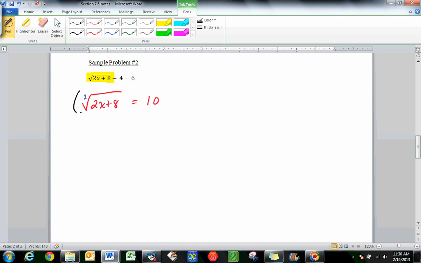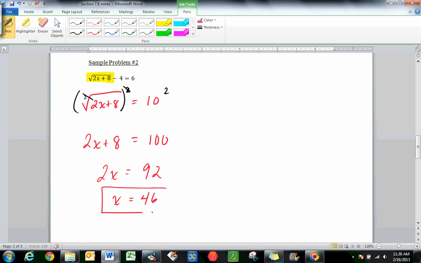So we want to square both sides, and the power and the root are going to cancel each other out, which is going to leave me 2x plus 8 on this side, and 10 squared is going to leave me 100. And now we simply solve for x. So 2x is equal to 92, and then x is equal to 46. Okay, very good. Straightforward enough.